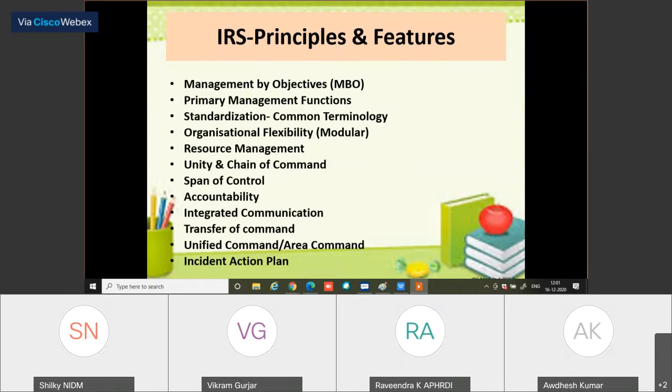Then standardization, because in this we have common terminologies, a set, well drafted and laid down terminology: who will be the incident commander, who will be the logistics, what will be the planning section, and what are the roles and duties assigned to them. We have fixed designations.